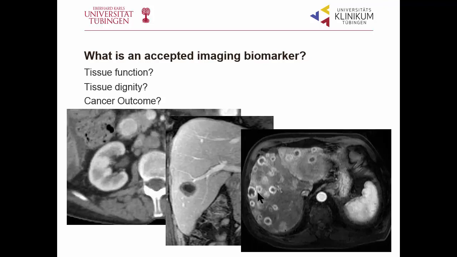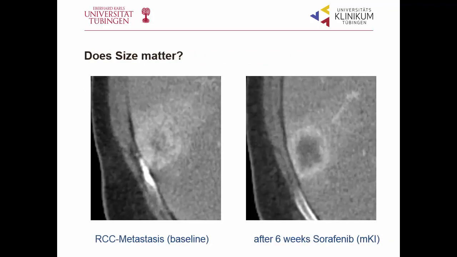And is there a difference between histologic tumor subtypes? This is an example that size is not enough to assess tissue and tumor dignity and proliferation, because this is an RCC metastasis before and after treatment with an anti-angiogenic drug.